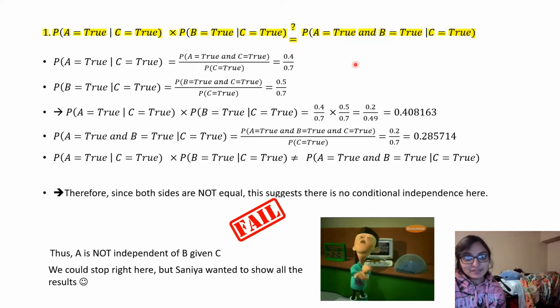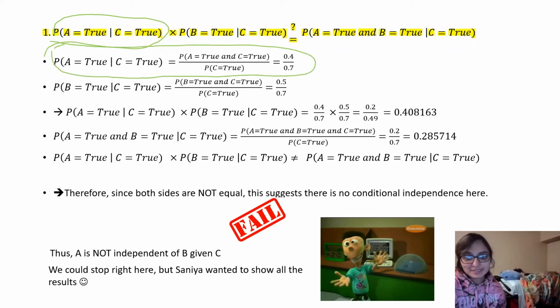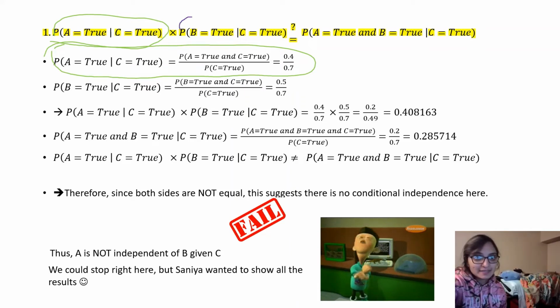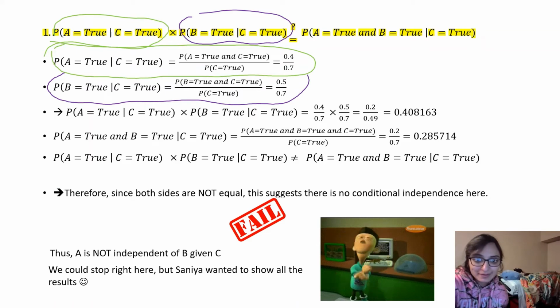Given Bayes' rule, this probability can be expressed in this formula here, and this other probability can be expressed in this way here. So that is the probability that A is true given that C is true from Bayes' rule.